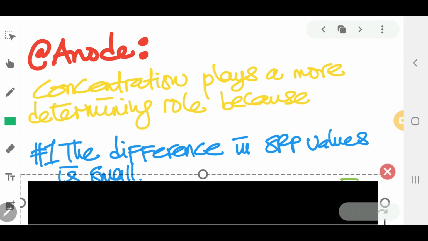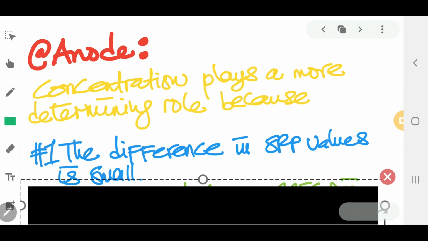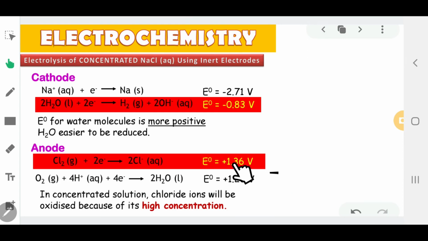The first one is because the difference in the SRP values between chloride and water is too small. If you compare that with the cathode, the difference there is so big. So that's why the effect of concentration will not be affecting the SRP value factor.